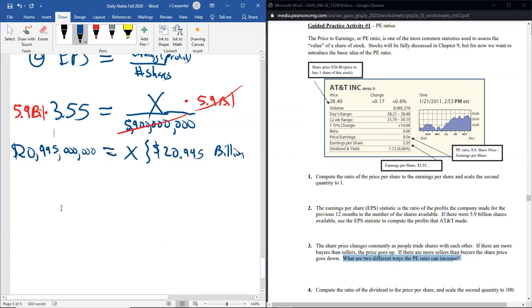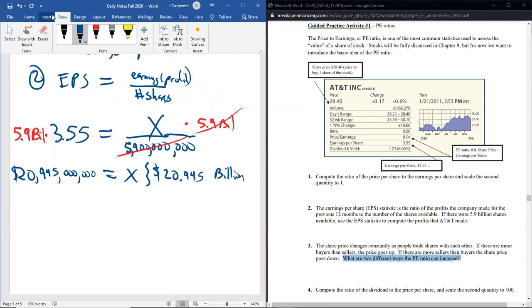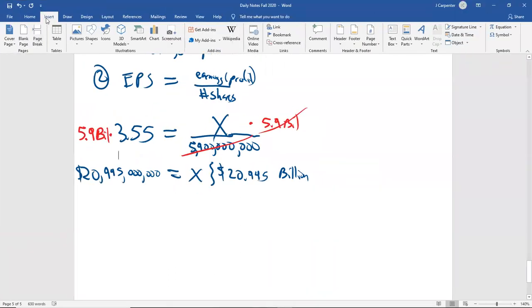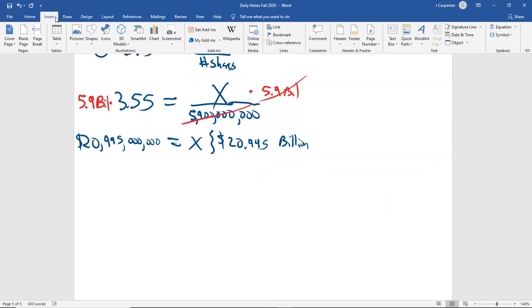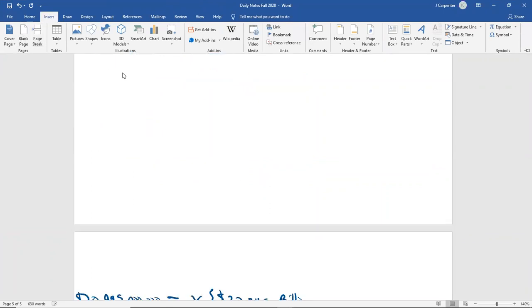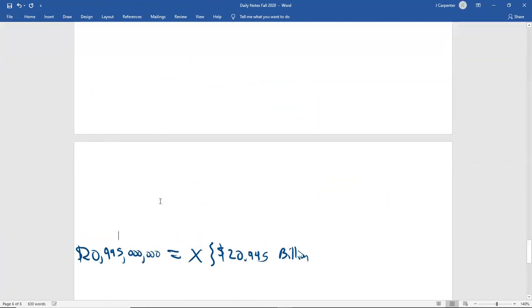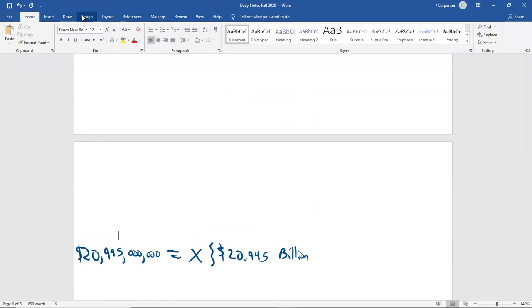Shoot, I hate when that happens. Blank page. What in the world is happening?